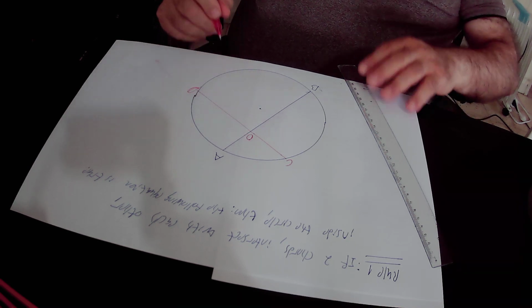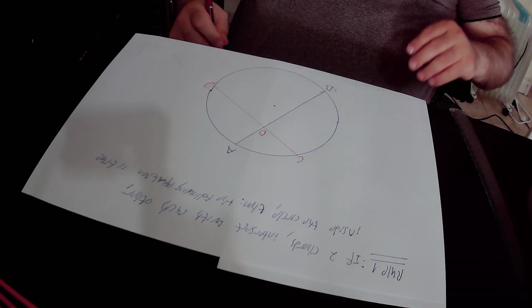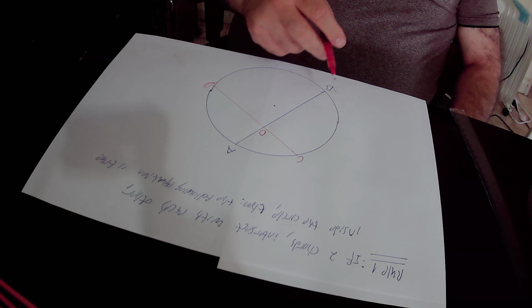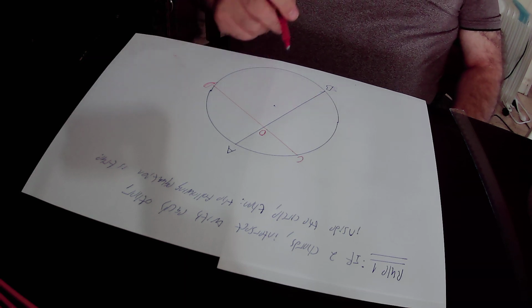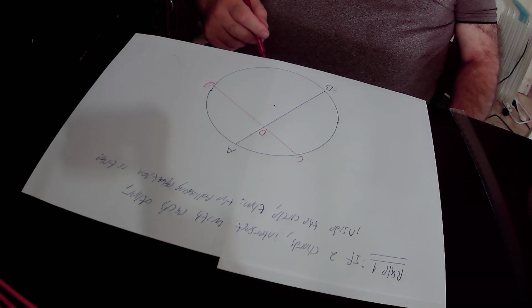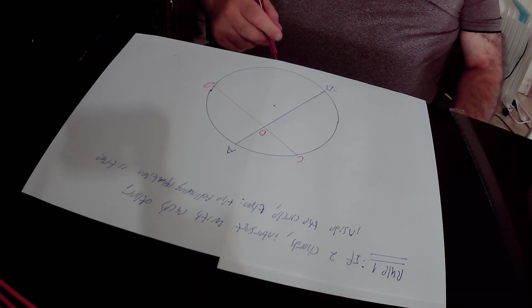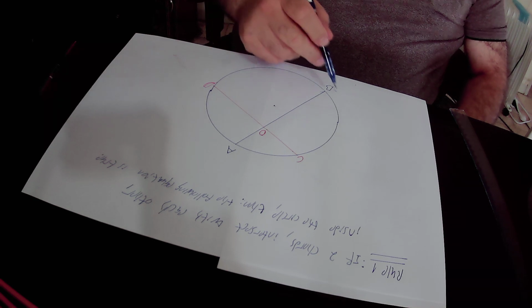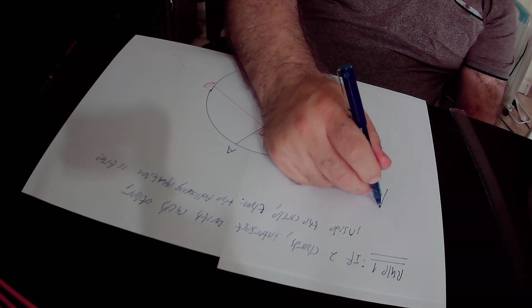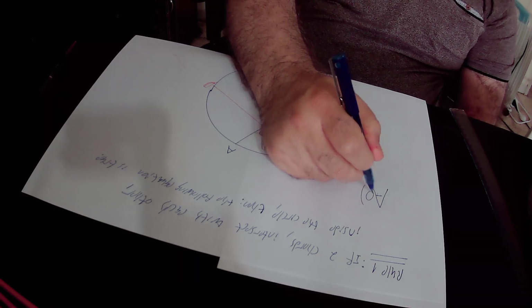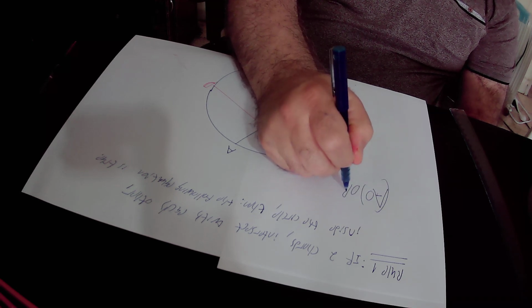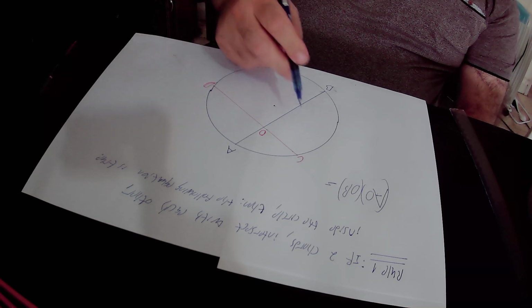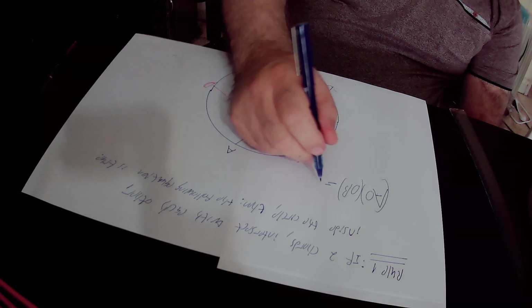So if chord AB intersects with chord CD at point O, then the following equation is true: AO times OB equals CO times OD.